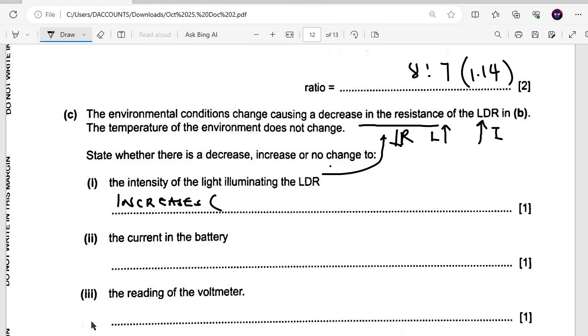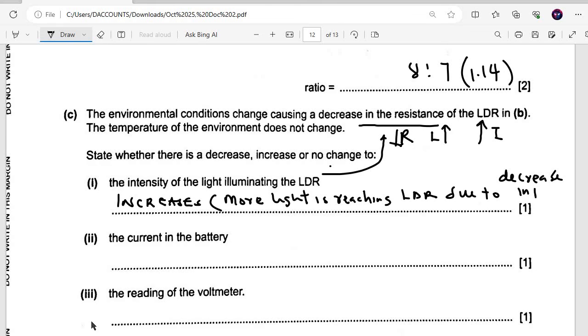The reason is more light is reaching the LDR due to the decrease in resistance. That's the meaning.